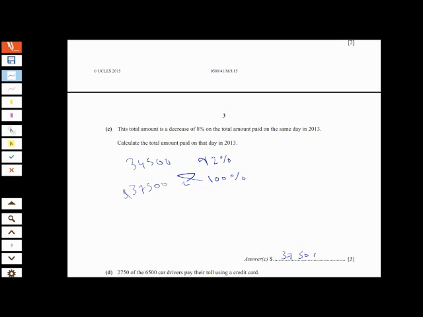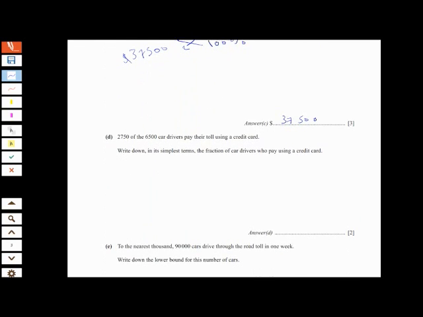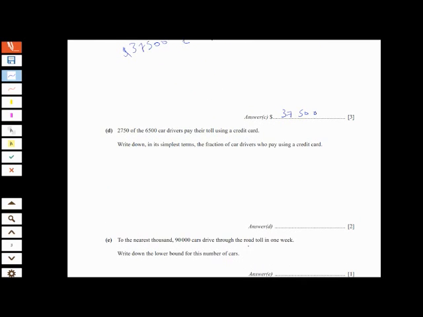On to the next question. 2,750 of the 6,500 cars drivers pay their toll using a credit card. Write down in simplest form the fraction. So basically they just want you to write the fraction and simplify it. 2,750 over 6,500. Alright, simplify.